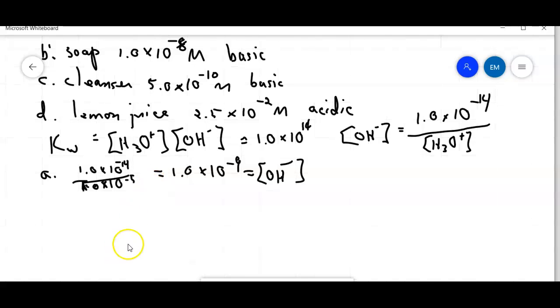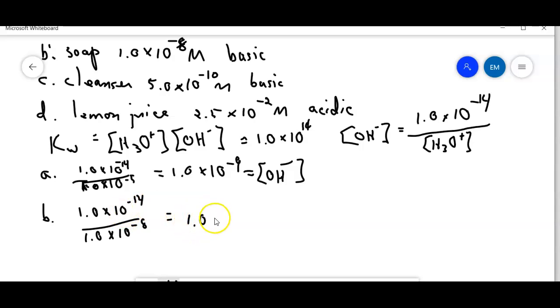B is soap. We have 1.0 times 10 to the minus 14th divided by soap, which is 1.0 times 10 to the minus 8th. 14 minus 8 is 6, so it's going to be 1.0 times 10 to the minus 6th, which is the concentration of hydroxide.